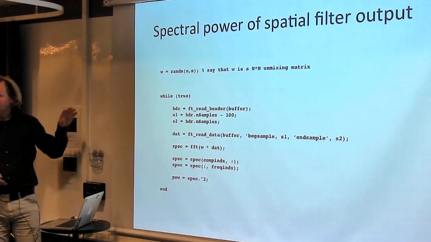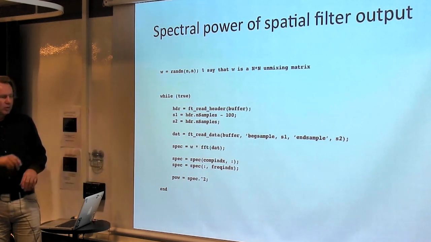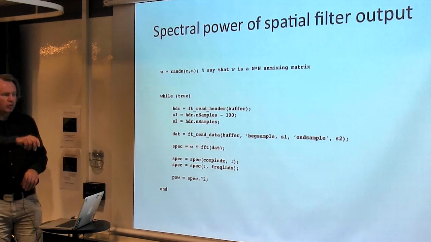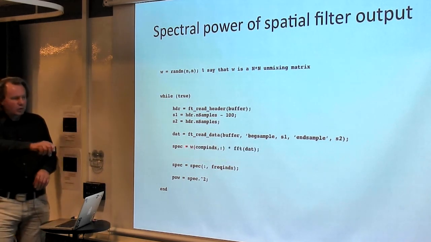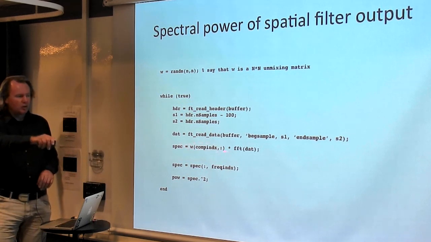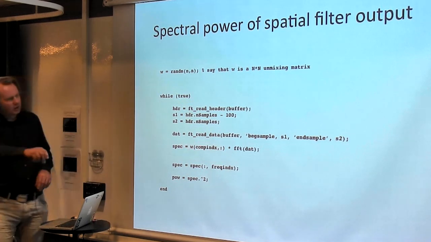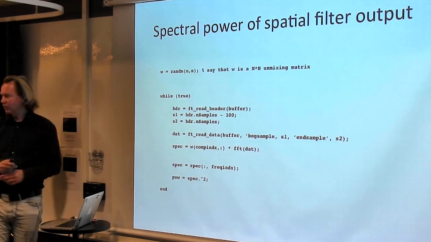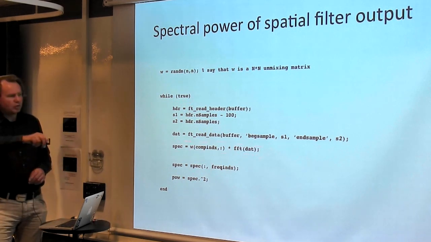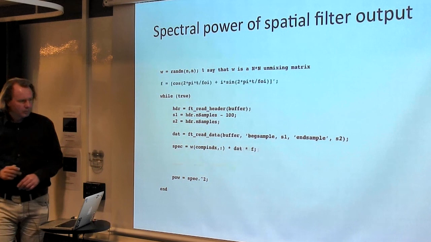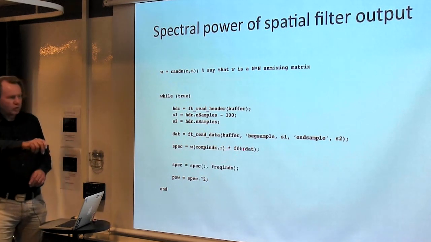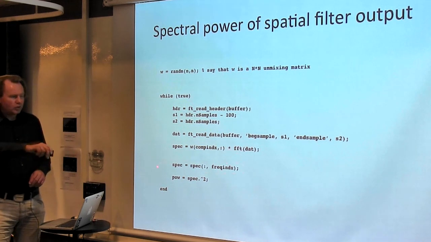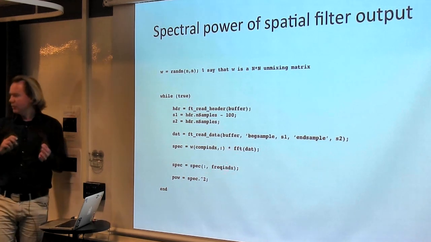So the different ways that I have to make this more efficient is by moving this spatial filter out of the fast Fourier transform, or by taking only the spatial component that I'm interested in and multiplying that with the transform. So this is going to make the matrix computation much faster. Or what I can do is, rather than taking a fast Fourier transform here, I know that I'm only interested in a single frequency.